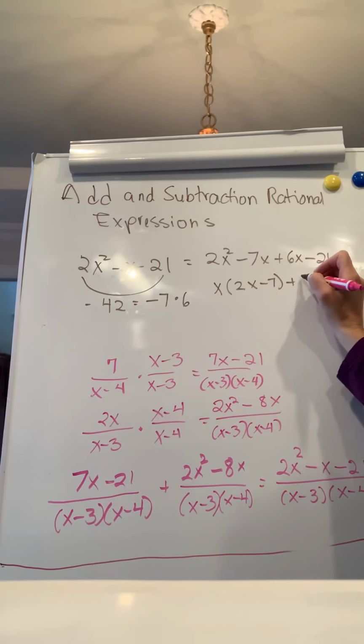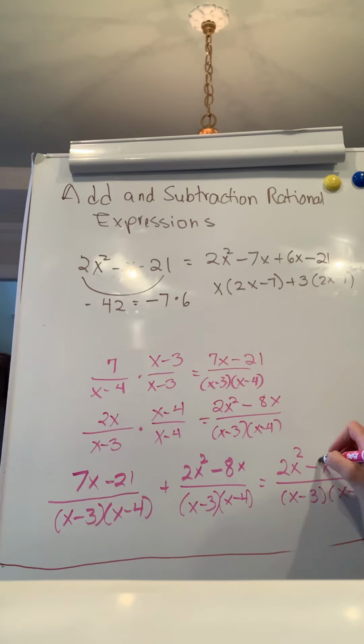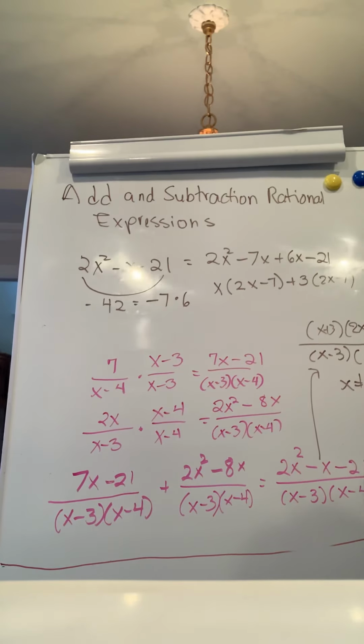Here I can pull out a common factor of a 3. So my final answer here will factor into x plus 3, 2x minus 7. So there's nothing here that I can cancel out. X cannot be 3, x cannot be 4.